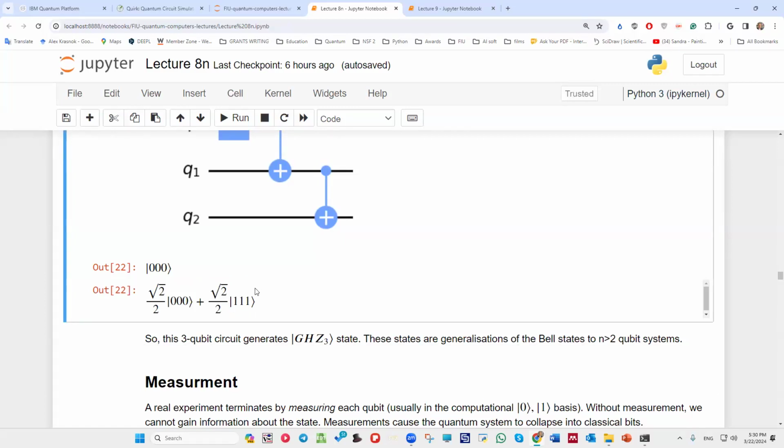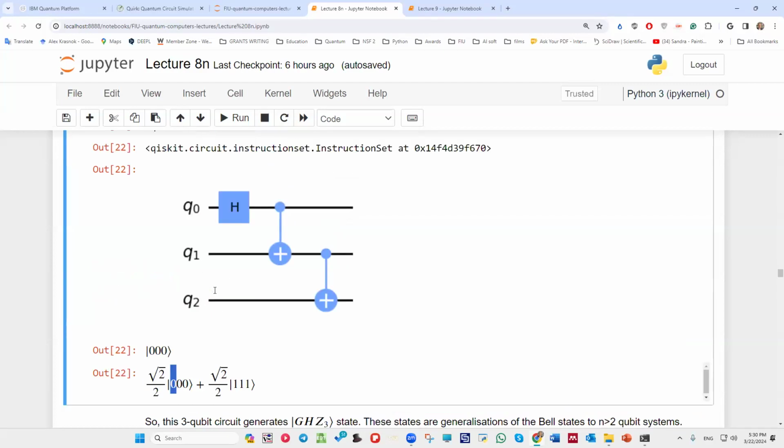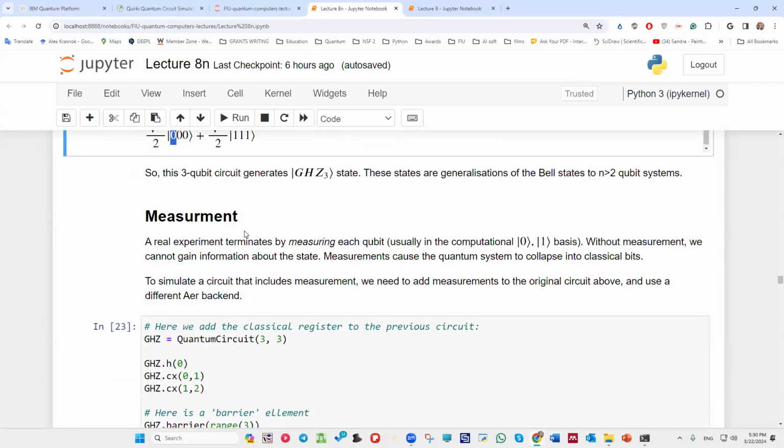Again, this is an inseparable state. And if you measure any qubit in this system, it will immediately affect the state of the others, or the statistics, the distribution of possible states over the other qubits in the system.